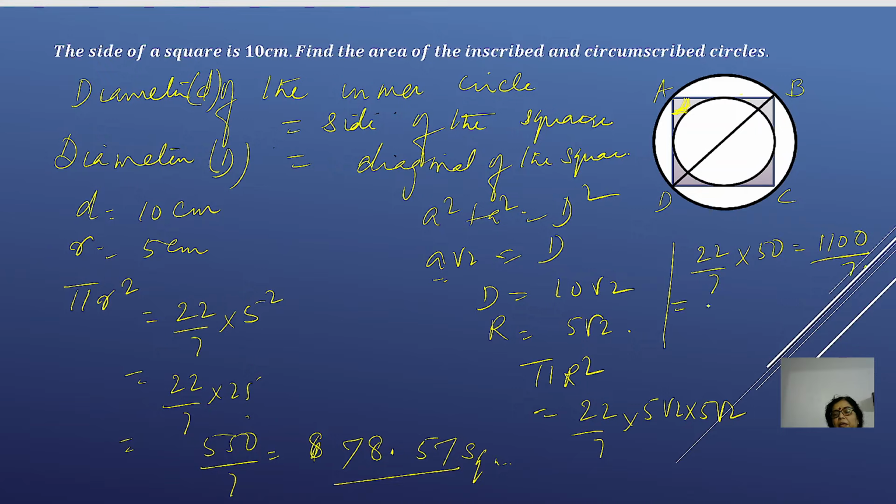So if you simplify this over here, you get 157, and the remainder gives approximately 157.14 square centimeter. This is the area of the outer circle.